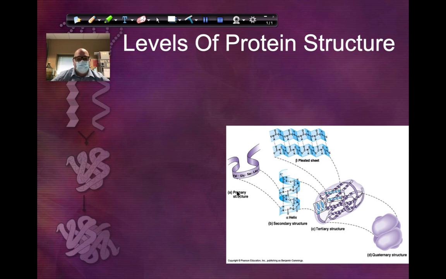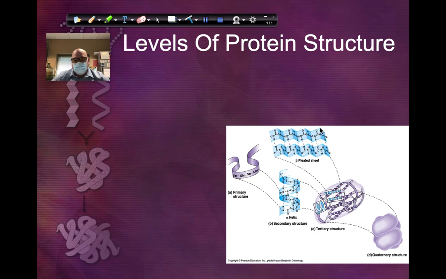So this is the primary structure, the strip. The secondary structure is either the beta or the alpha. Then they make these things called tertiary structures. If you look in there very closely, you've got pleats, you've got helix, and then you have some strip spots that are still primary.